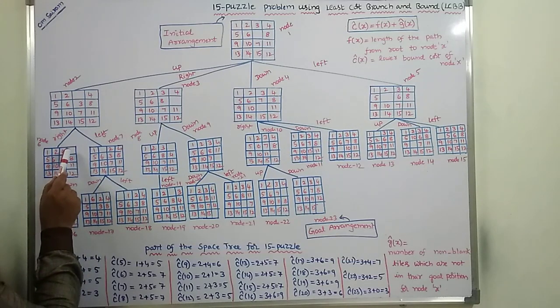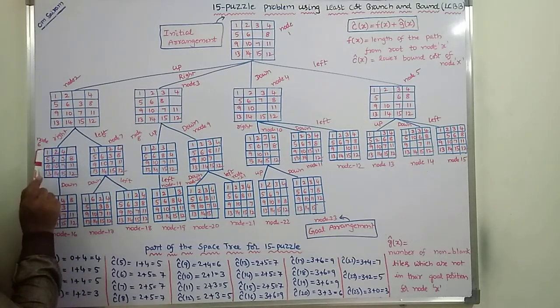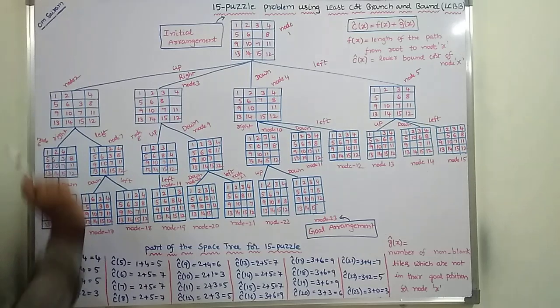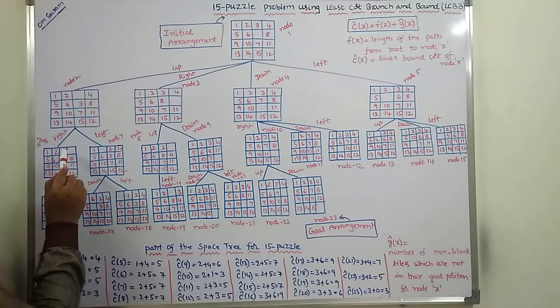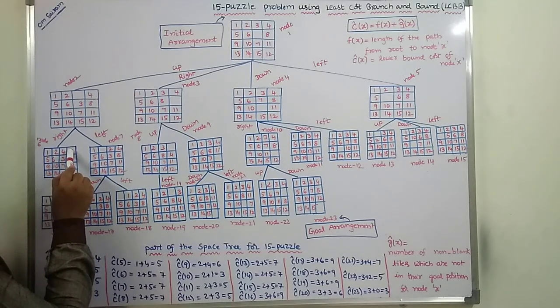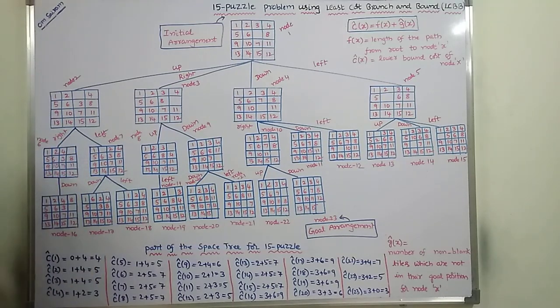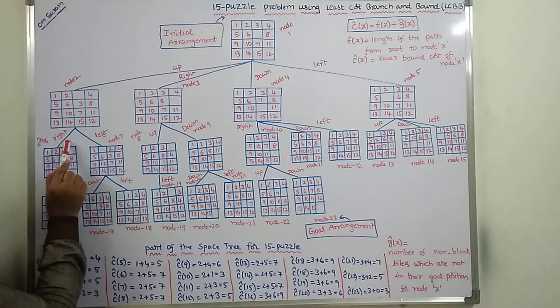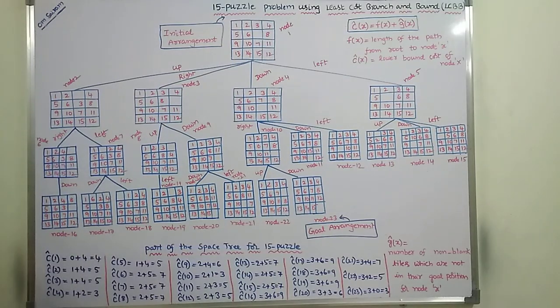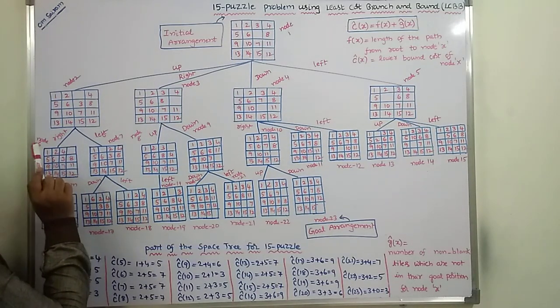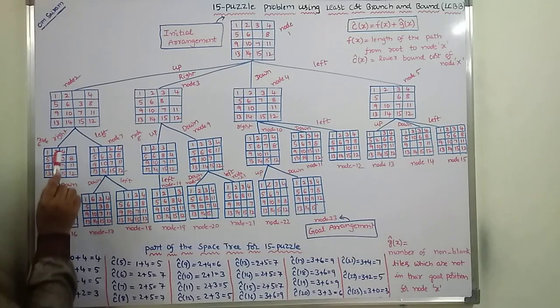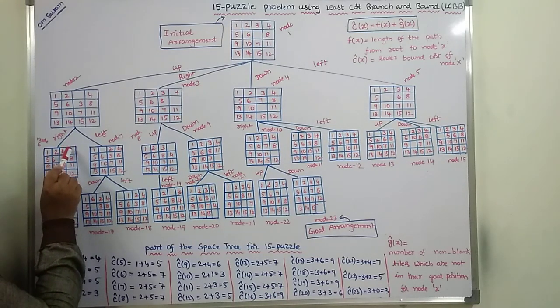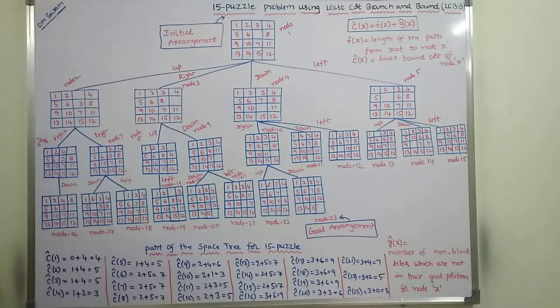Next, the empty tile can be moved to left direction. We are getting node 2. The empty tile cannot be moved to up direction, because the 16 capacity square frame ended. There is no up direction. So because of this reason, only one move is available, that is, the empty tile can be moved to down direction only.